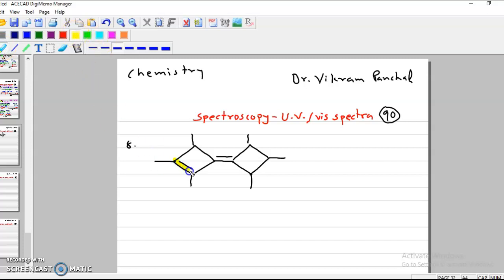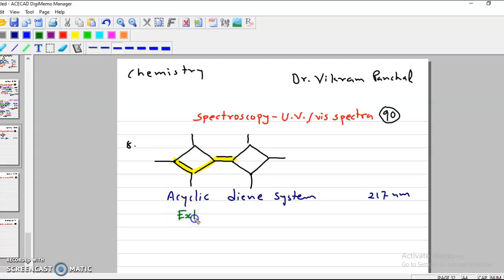So we start from here: double bond, single bond and double bond. So this is your system, in which one double bond is in the ring and another double bond is outside the ring. So we will consider this as an acyclic diene system, or non-cyclic diene system, or open chain diene system. And for that we will add 217 nanometer. Now, whether there is an extension here or not, we'll have to see, but there are only 2 double bonds, so there is no extension.